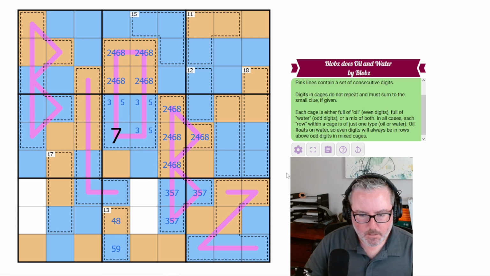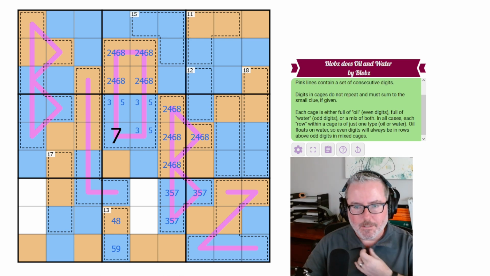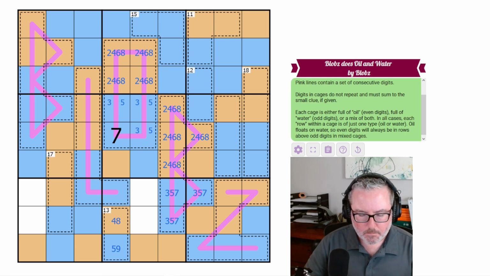And I'm not quite seeing it. Again, this is just a vision thing, being able to see where the right place to look is. Well, I guess that means this has to be a 1, doesn't it?